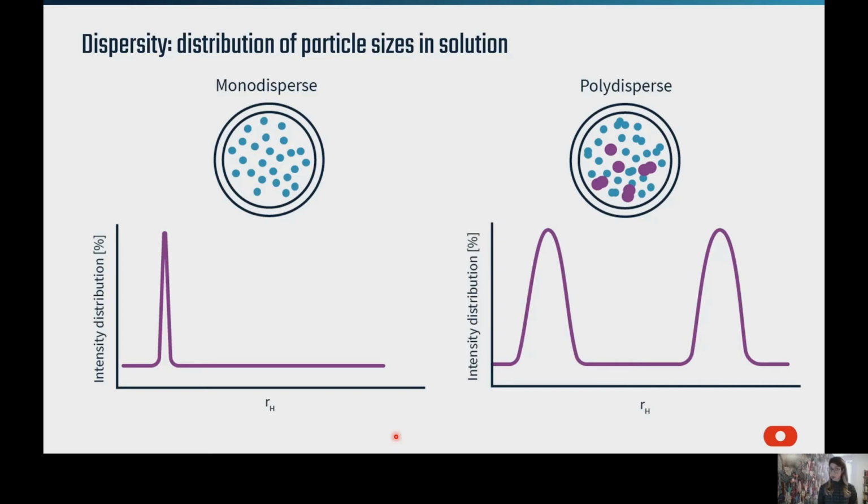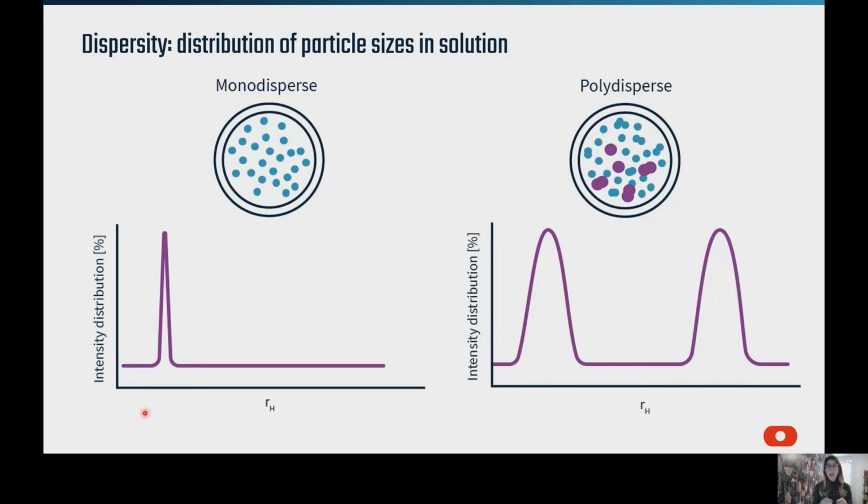So you heard me mention mono and polydispersed systems in the previous slide. For a monodispersed system, shown in the example on the left, the particles in solution are a single size. They're very homogeneous. And we can see in the intensity distribution plot that there's a single peak, which corresponds to the single particle species with its corresponding radius.